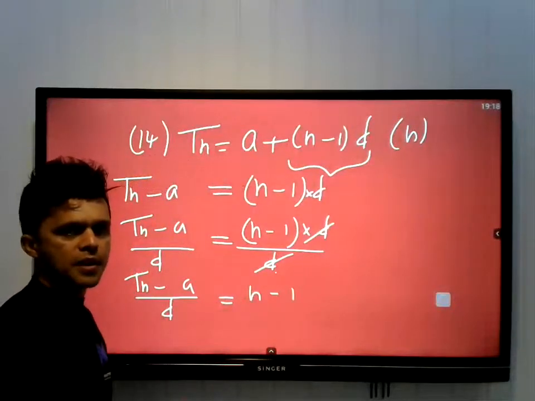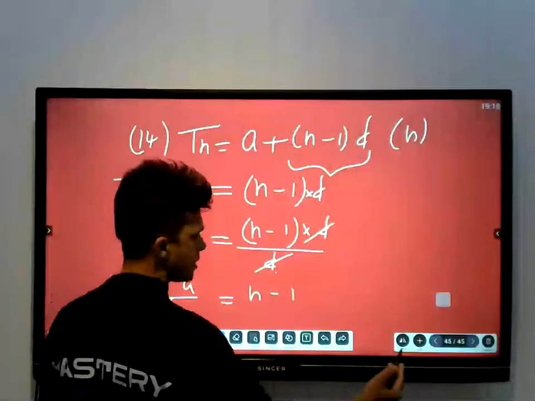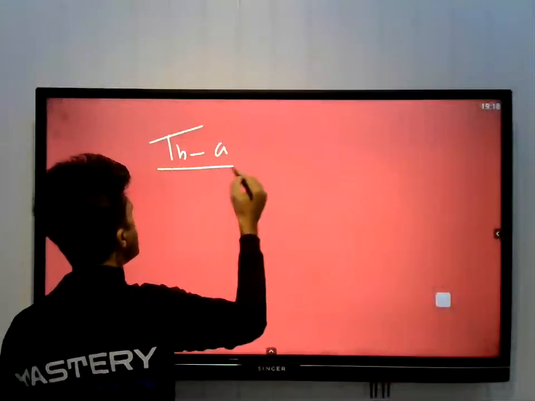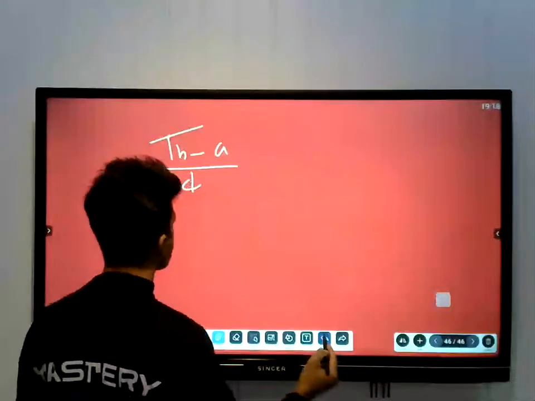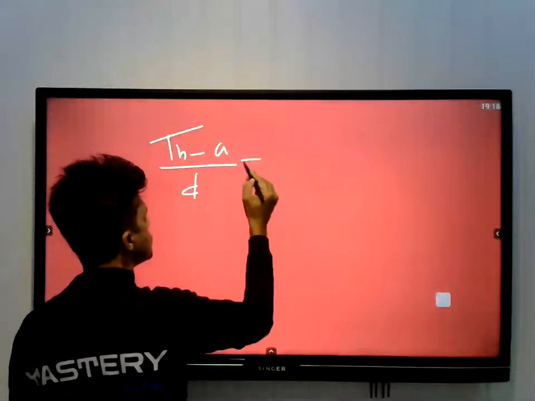We have to write the term n as the subject. So Tn minus a over d equals n minus 1.